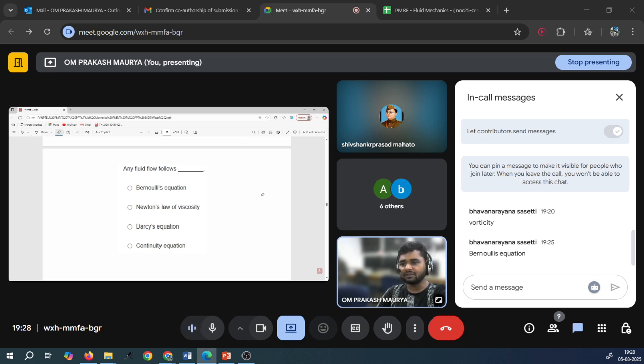Here the concept is we are talking about any kind of fluid, not specifically water. Any kind of fluid should follow mass in and mass out.